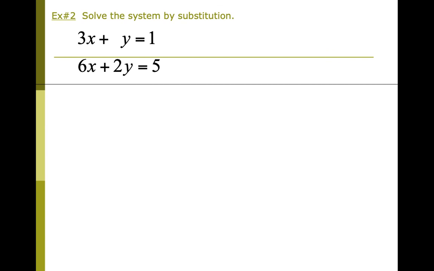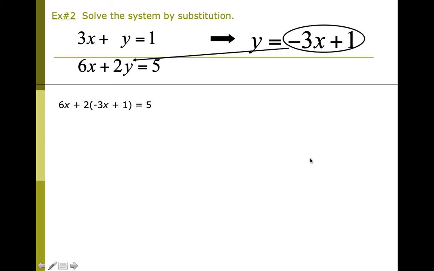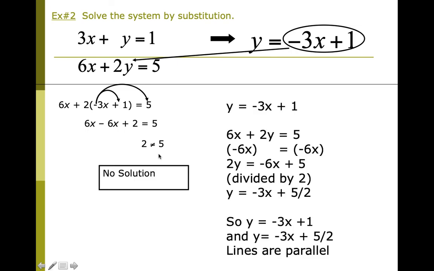On the other hand, if you solve one out, and we see this one is y equals negative 3x plus 1, we substitute it in like we've been doing, and we get 2 is equal to 5, but that's not right. Why is that not right? Here's why. Here's your first formula, y equals negative 3x plus 1. If I take my other one and solve it for y also, I get y equals negative 3x plus 5 over 2.